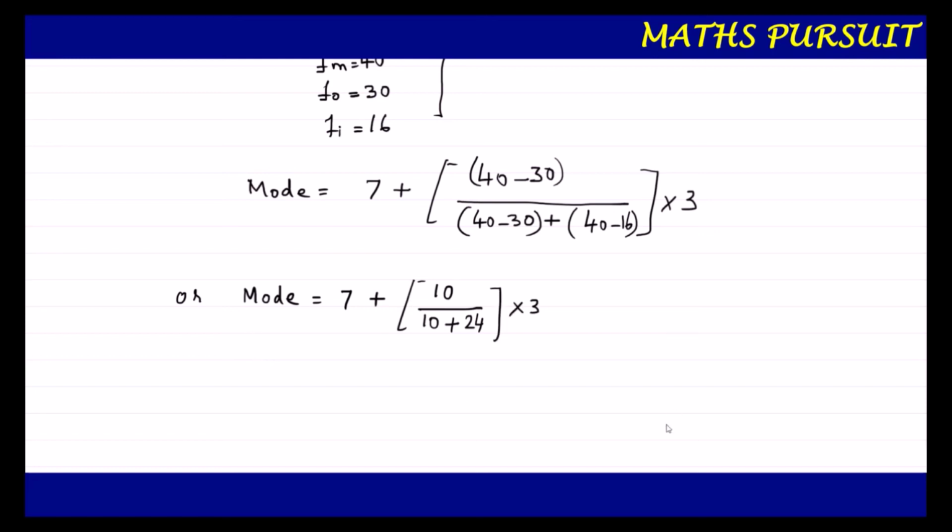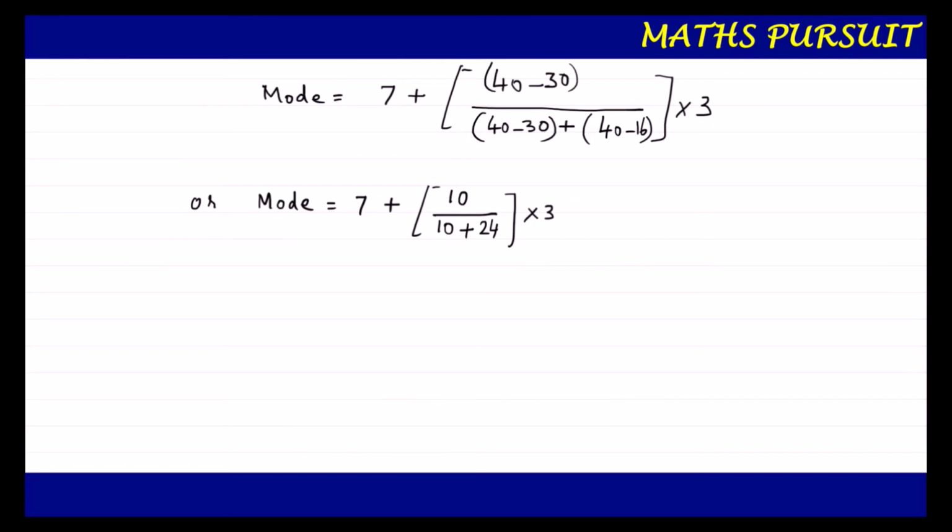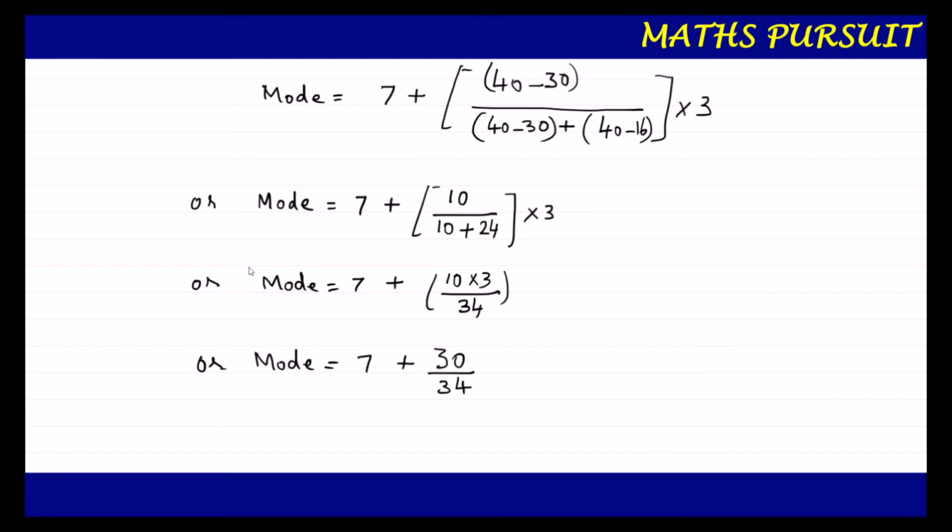So mode is equal to 7 plus 10 into 3 upon 10 plus 24, which is 34. 10 into 3 is 30, so 30 upon 34.